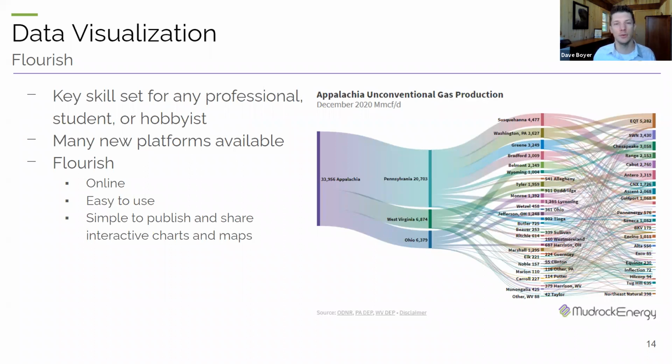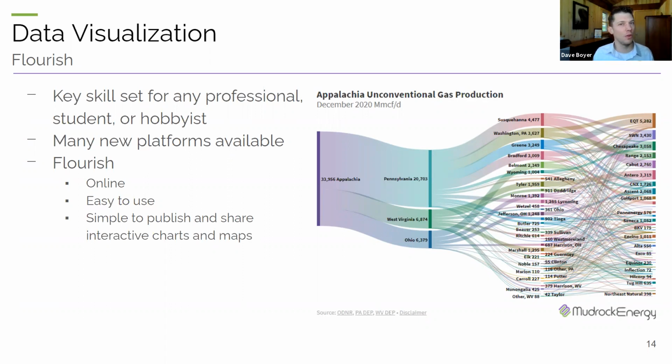And in the past, there's Excel, of course, and then there are other packages like Tableau, but we're also at a time where there are so many online resources and so many different platforms. One that I really use a lot and found really intuitive is Flourish. It's online, and you can dump data in easily.